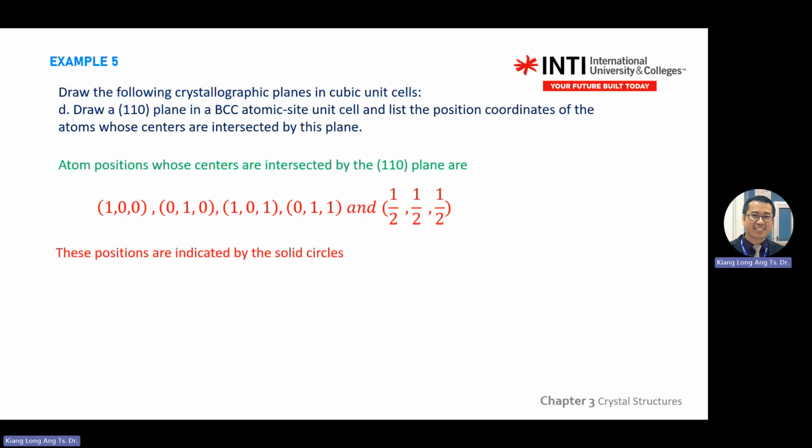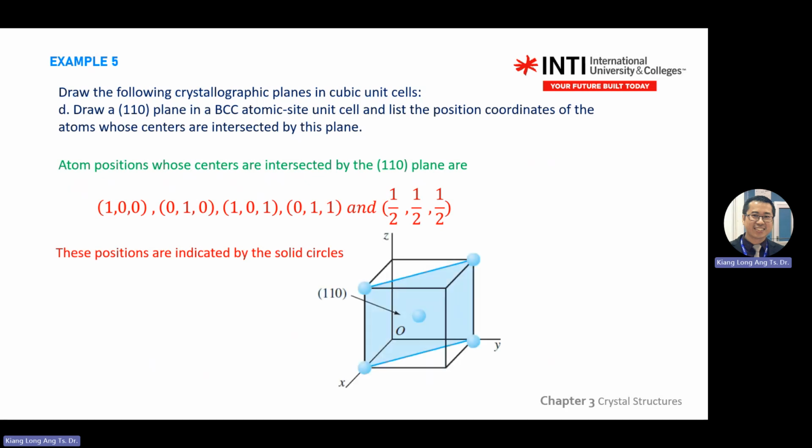Okay, so this one you inverse lah. So the blue color plane is 110. Okay, 110. X1, Y1, Z infinity. So you have 2 dots. You combine these 2 dots, then you expand out.